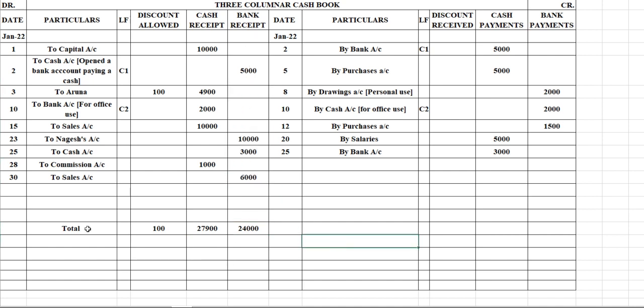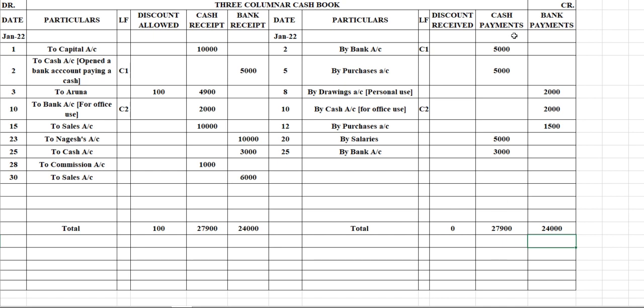Now the same I will copy here, but there is no discount received, so I am removing here 0. This I will take as it is 27,900. This I will take as it is.